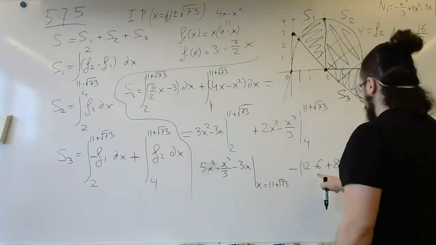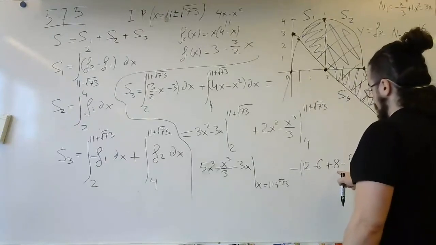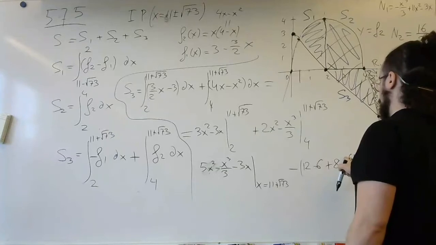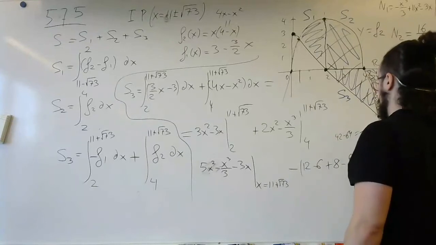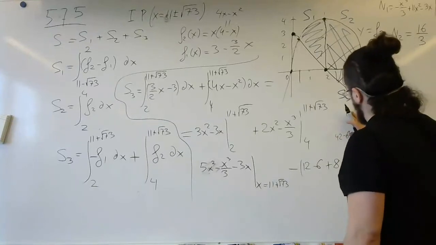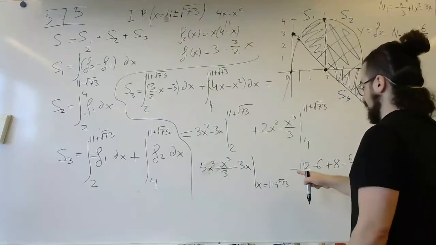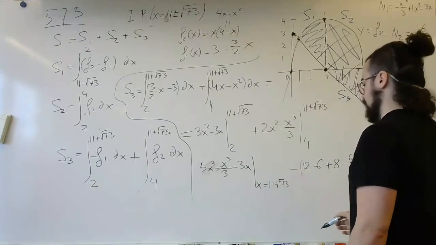So this thing here is 42 minus 64, is minus 22. With this minus becomes a plus.